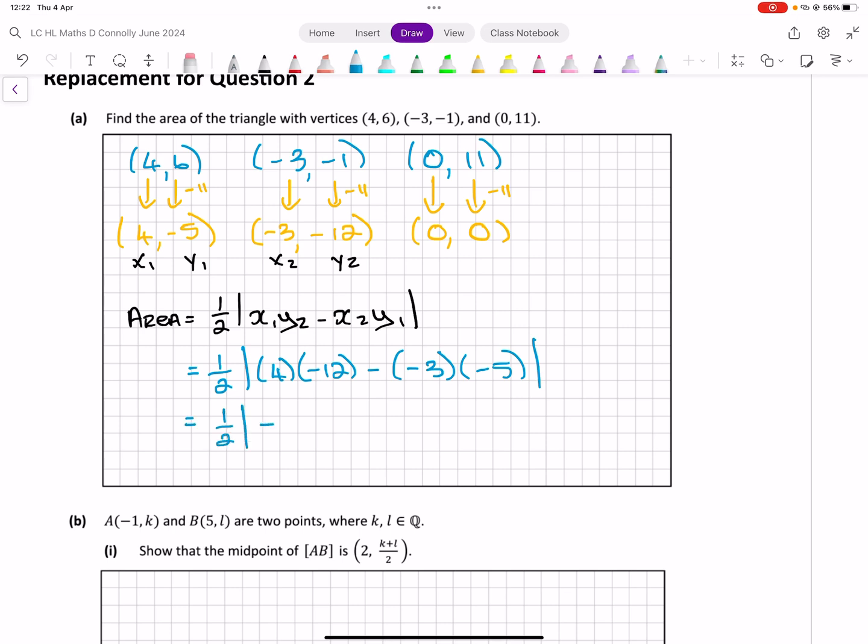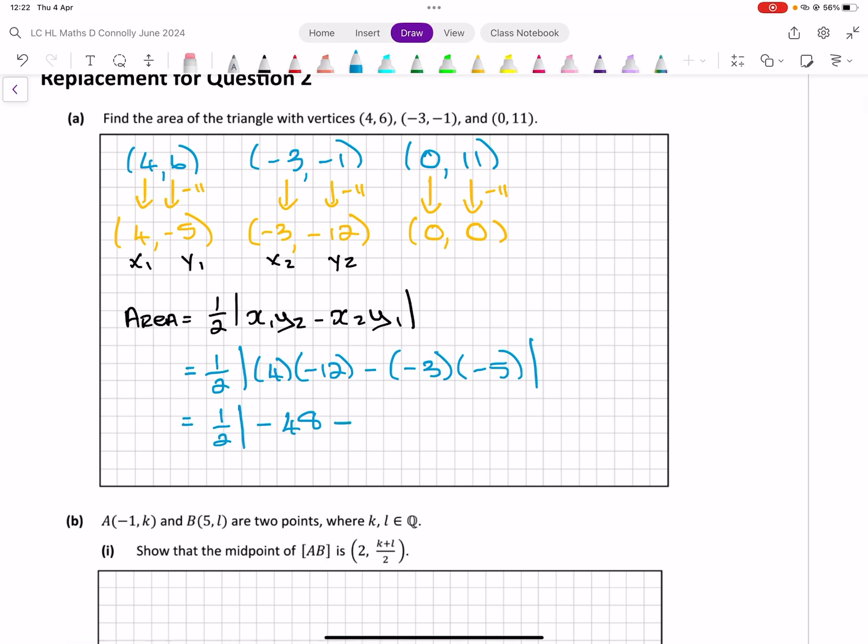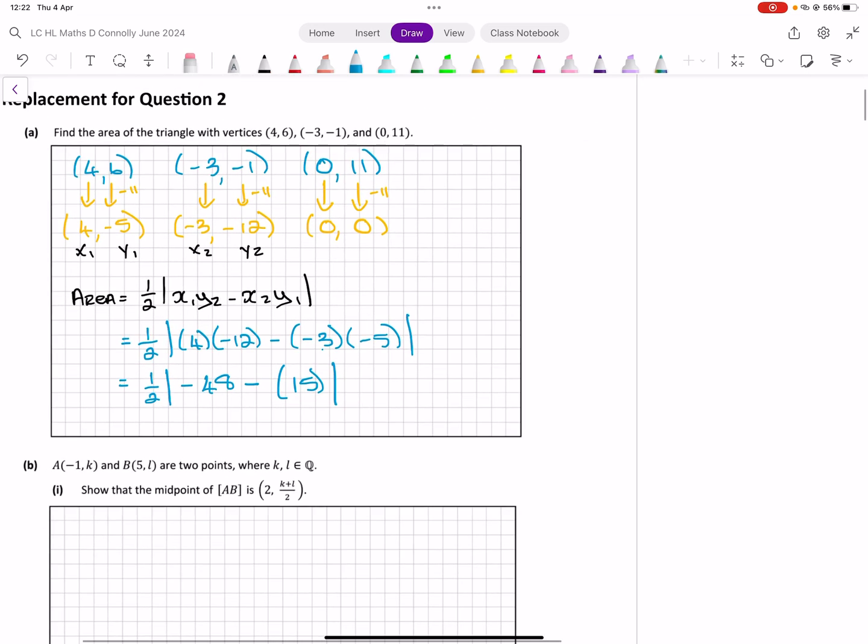So half minus 48, minus, and then these two are going to be plus 15. Deal with one sign at a time. So it's a half minus 48 minus 15.